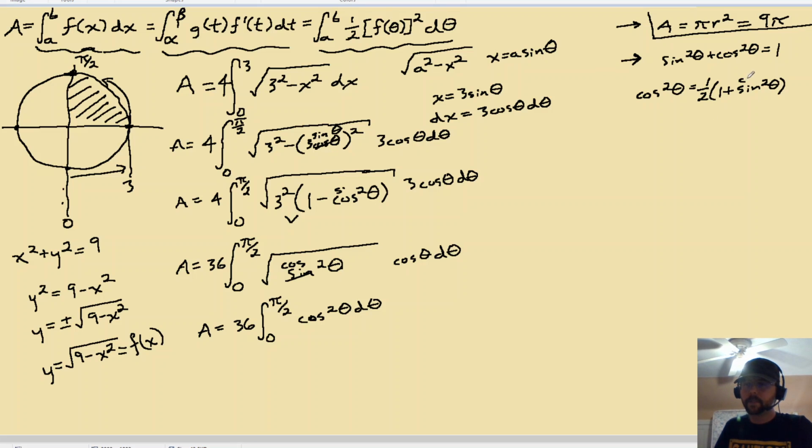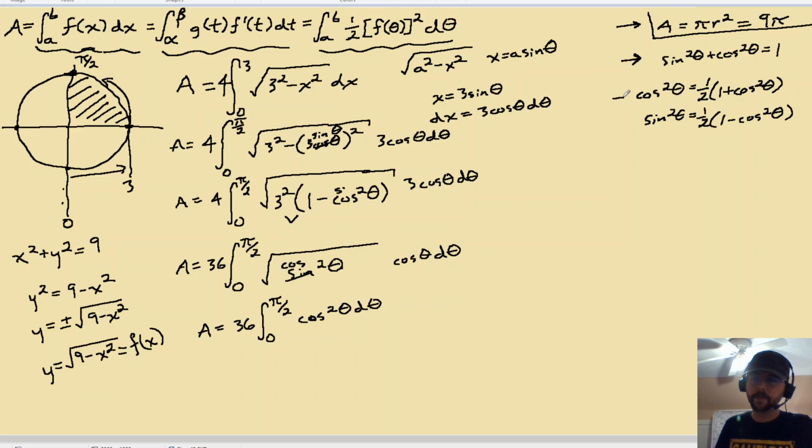No, cosine squared theta, sorry. Yeah, that's looking better. So now, if you had sine squared theta, which we don't need, but just to show you the other one that you would want to memorize, sine squared theta equals 1/2 times 1 minus cosine theta, which is where I was trying to make sure I had the plus and the minus correct, but it should be that the plus goes with cosine, that's kind of how I remember.